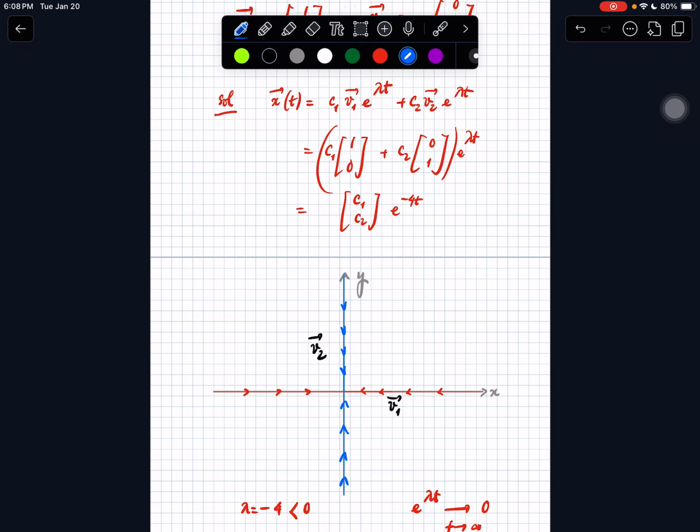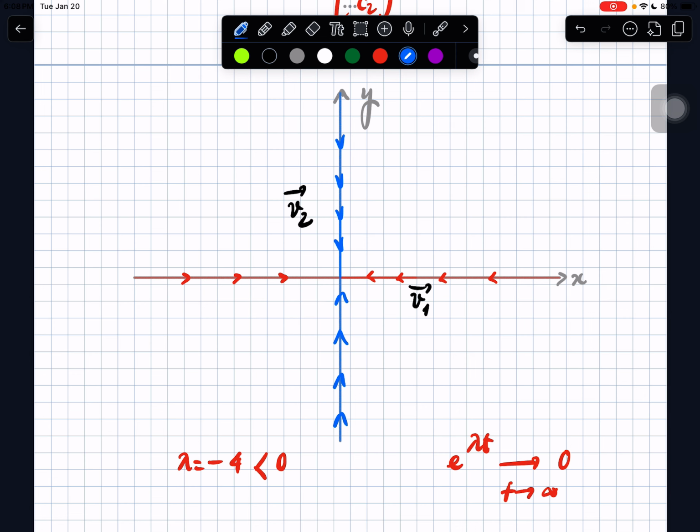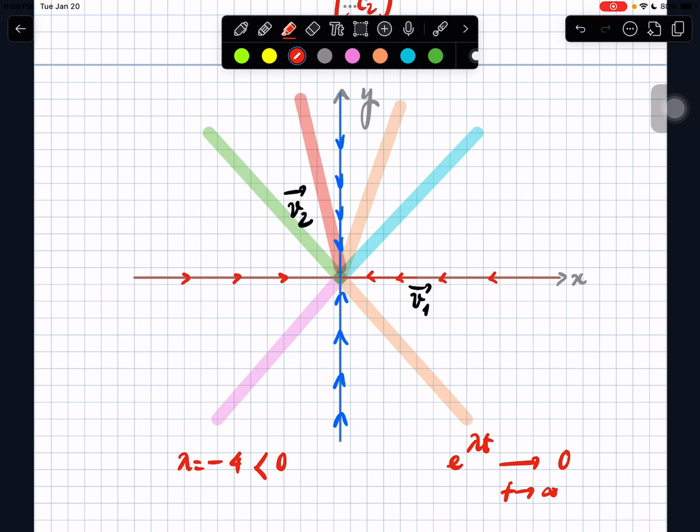In this case, we have the same lambda. So the other vectors just look like this. For example, here are a few solutions. So in this case, everything goes inward, goes to the origin.